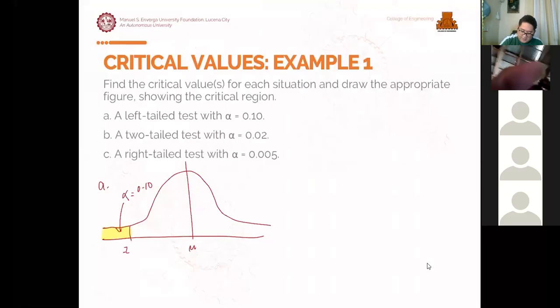Okay, so our z-score is negative 1.28. So that is for the left tail test.